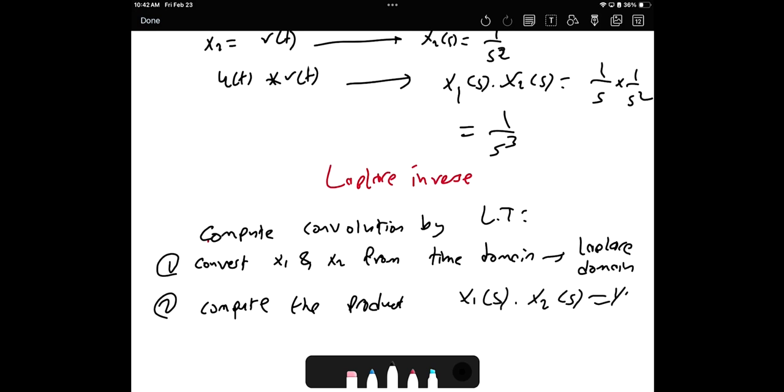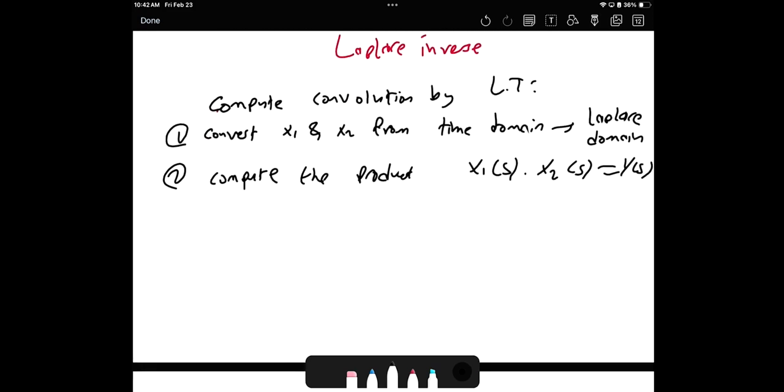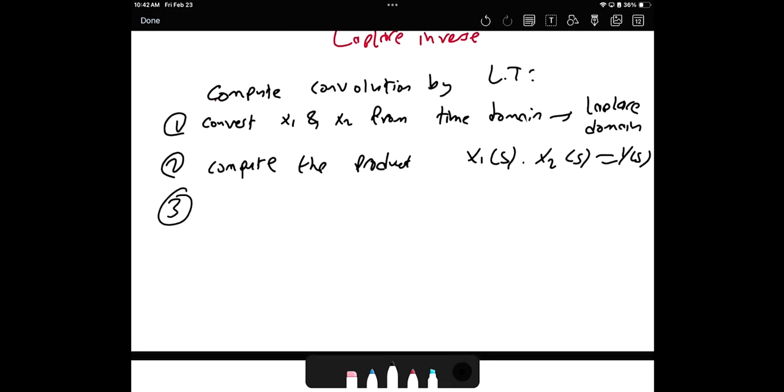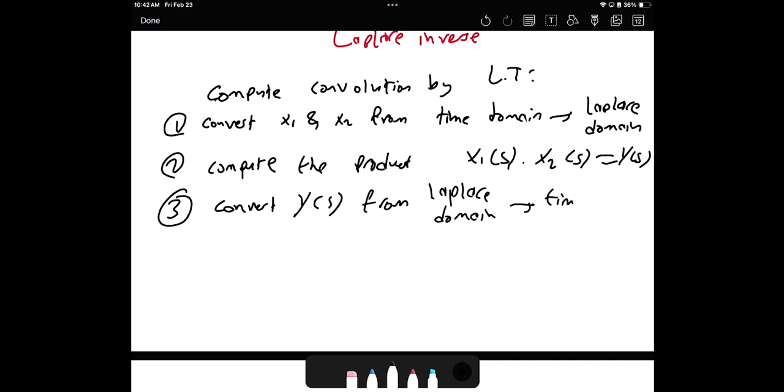This is equal, for example, to y of s. Then the last thing is to convert y of s, which is the output, from Laplace domain to time domain, which is something we call the Laplace inverse.